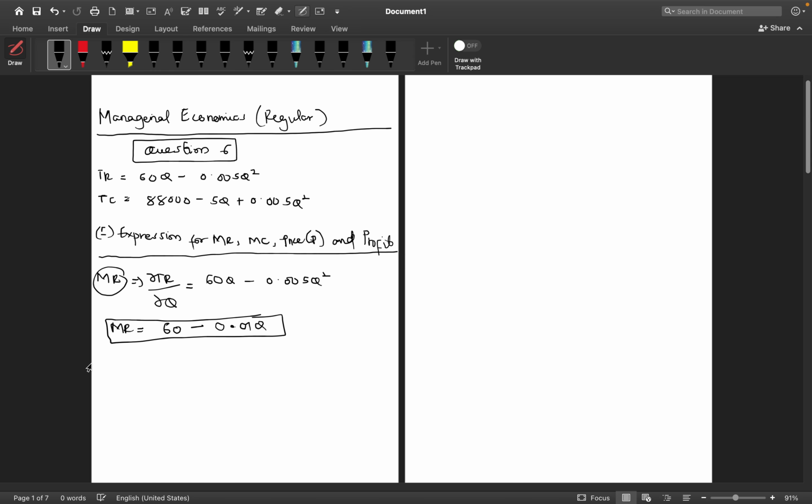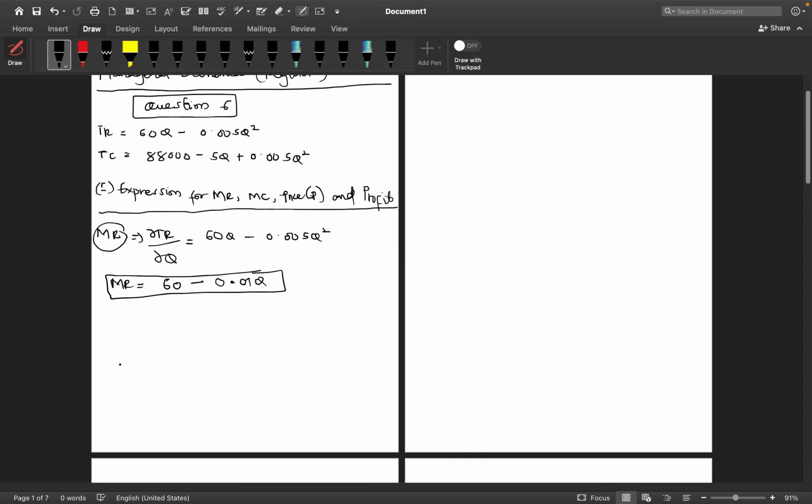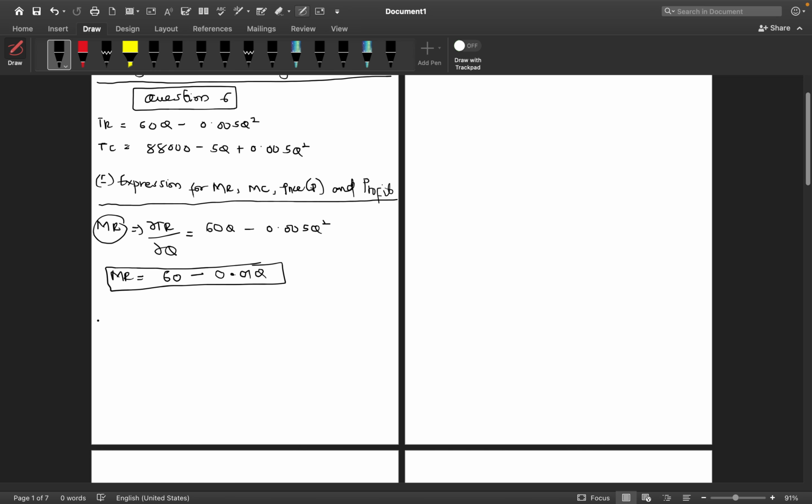Now we will also have to find marginal cost. For marginal cost too, you find the derivative of total cost with respect to Q. Total cost was given in the question as 8,000 minus 5Q plus 0.005Q squared. With this too, you find the derivative.